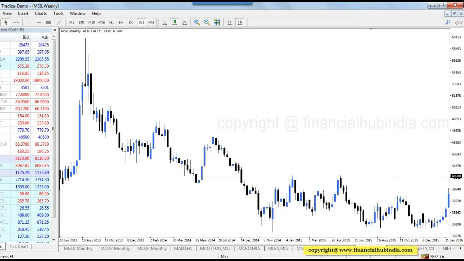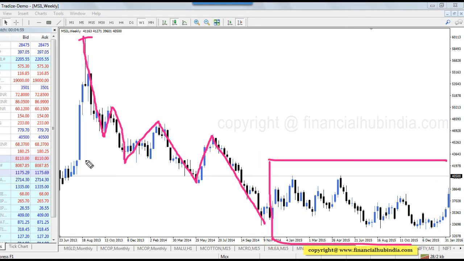Let's see a few charts here. This is silver, MCX silver weekly chart. What do you see right from here? 1, 2, then 3, 4, 5, 6, 7. And then what happened? You won't understand now, that we'll do later. But so far, this is data from 18th August 2013 to 14th September 2014.